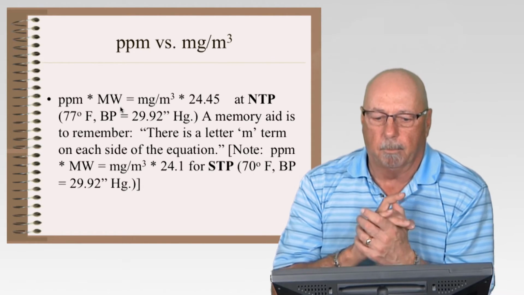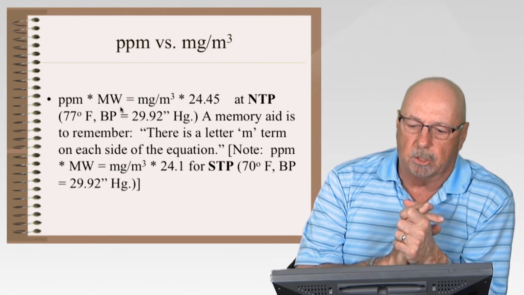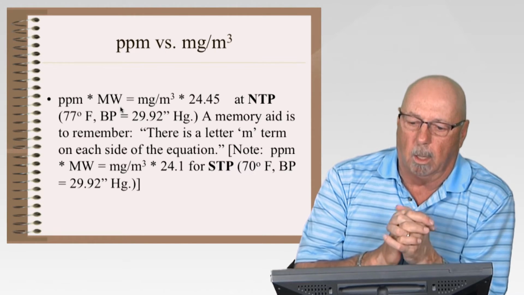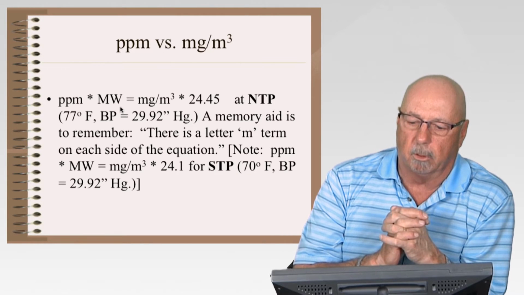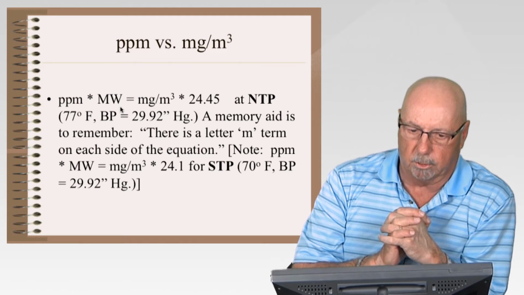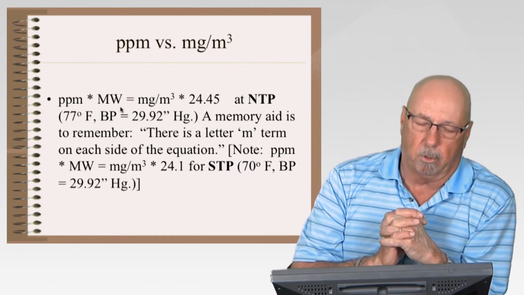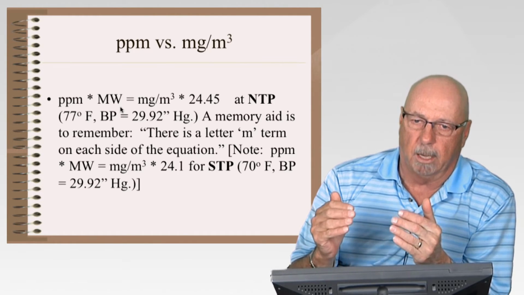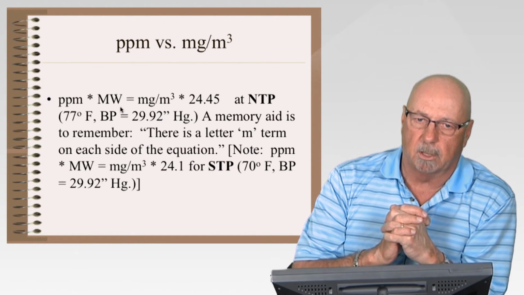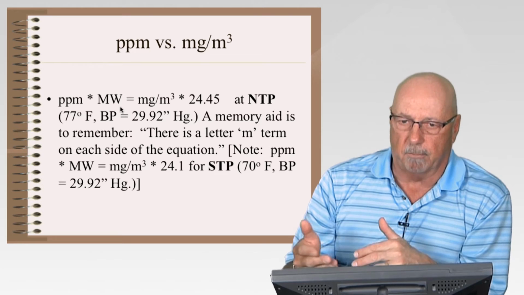Now, that formula can change down to 24.1 if we change from normal temperature and pressure conditions to standard temperature and pressure conditions. The thing that changes there is our temperature goes from 77 degrees Fahrenheit to 70 degrees Fahrenheit.